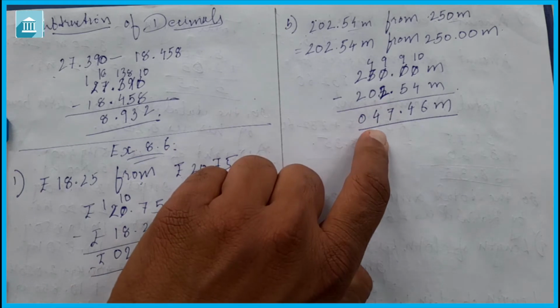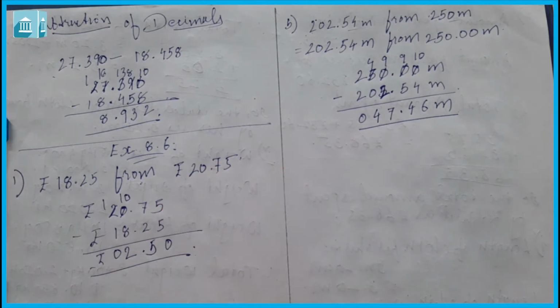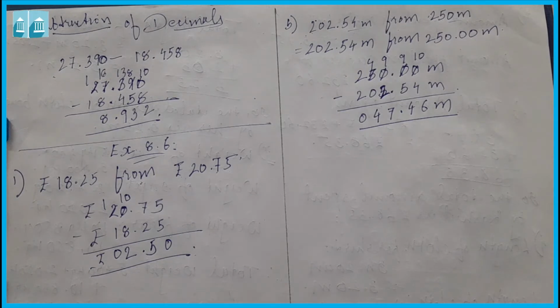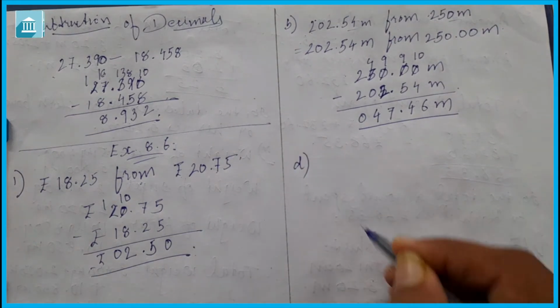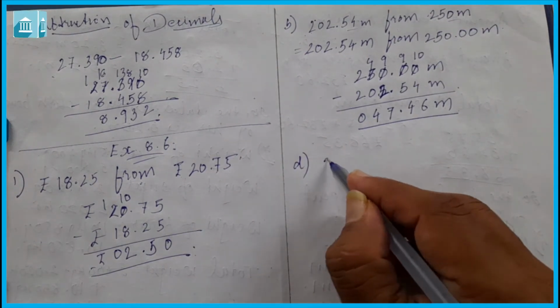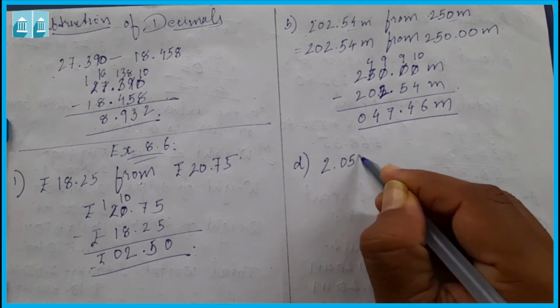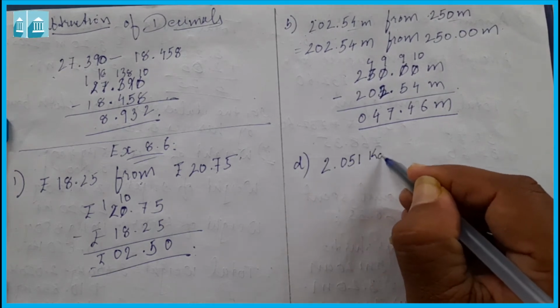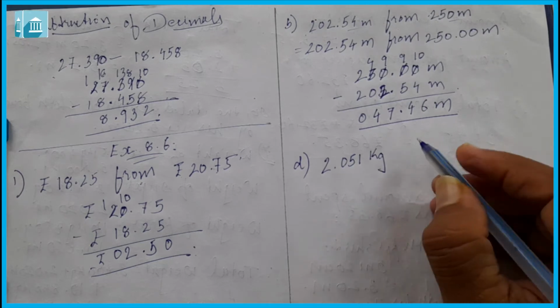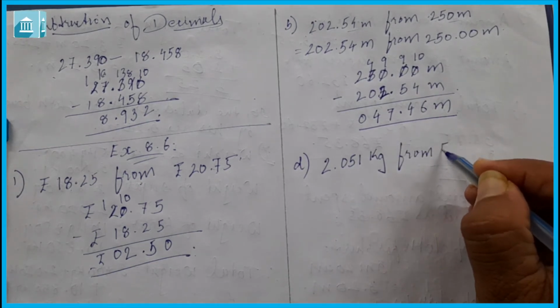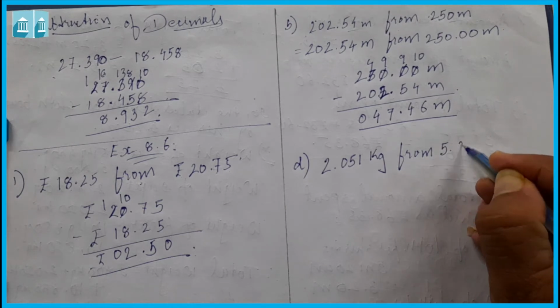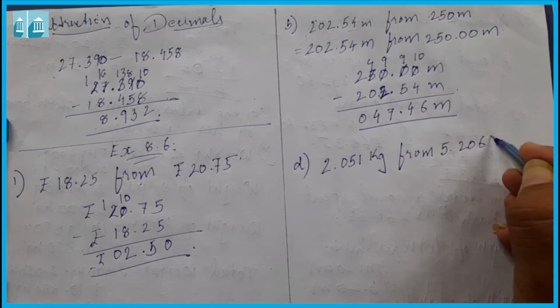Now let us see question number D1, since we have done the first one. In D1 it is given 2.051 kilometer from 5.206 kilometer.